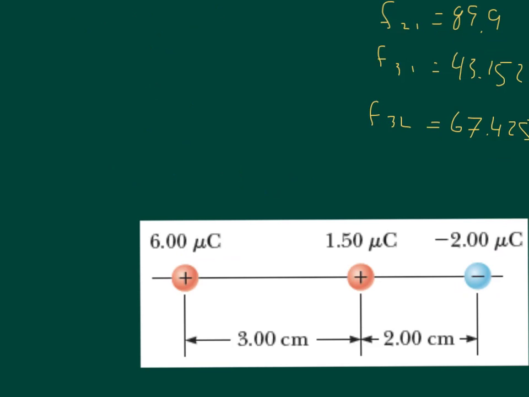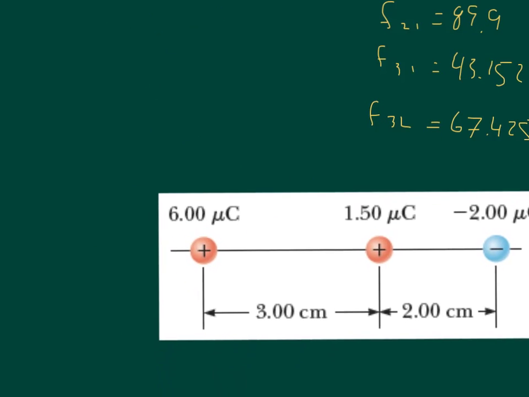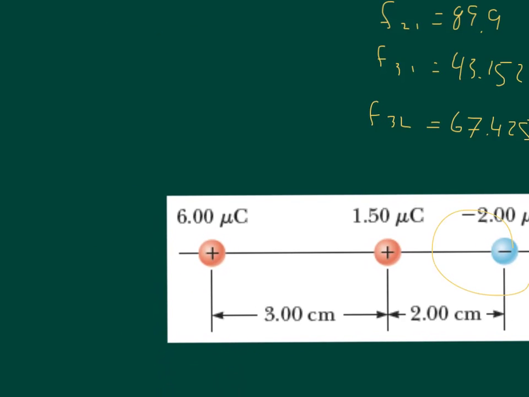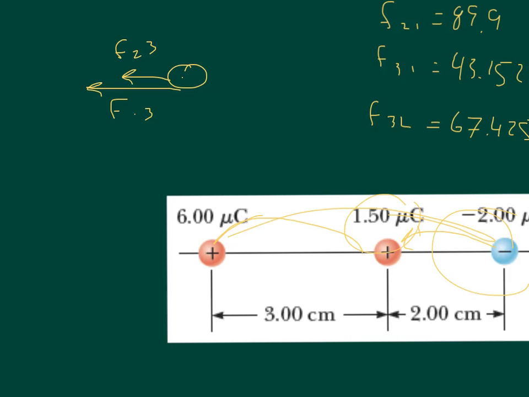Then the last thing we have is charge 3. So here's charge 3, and we're going to have an attractive force to the left and another attractive force to the left. So it has F of 2 on 3, and then it has F of 1 on 3. And so actually my arrows should be the other way around. My larger arrow should be on the larger force.